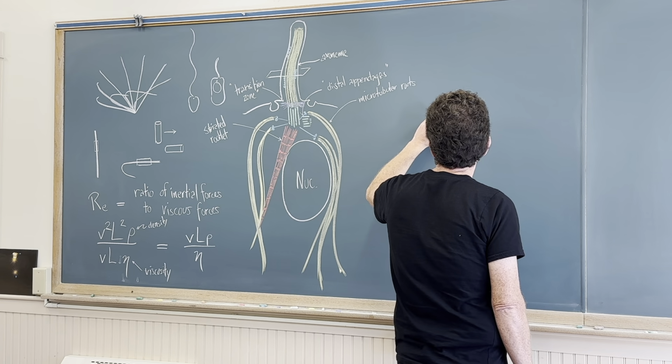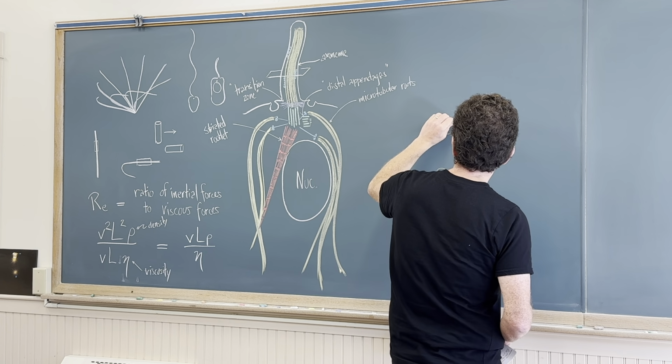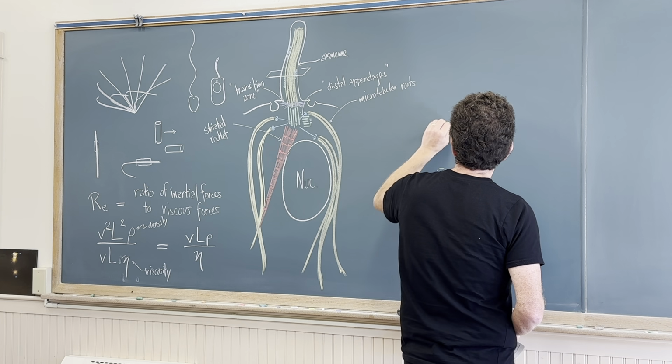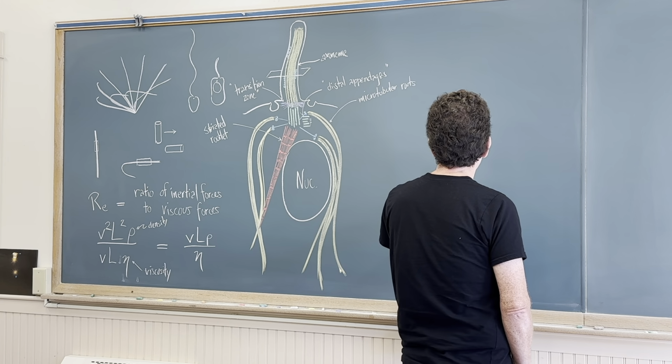Then around that central pair are 9 doublet microtubules, arranged as if on spokes.